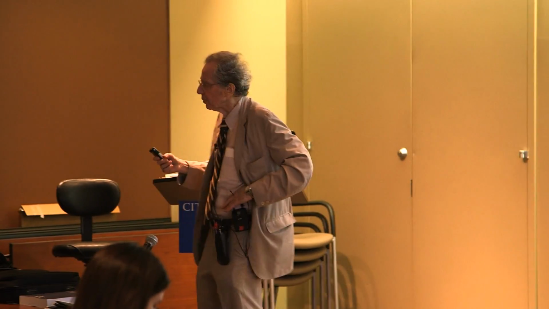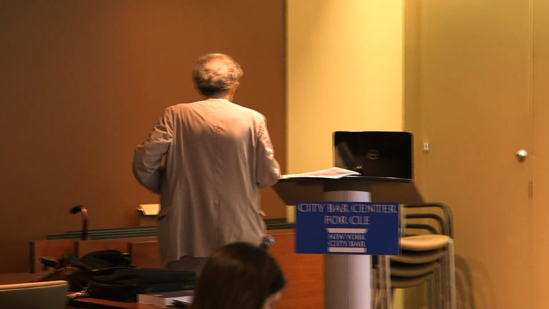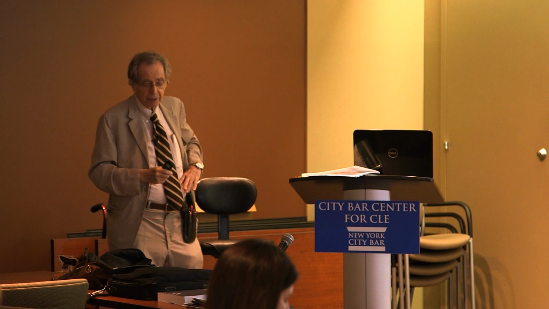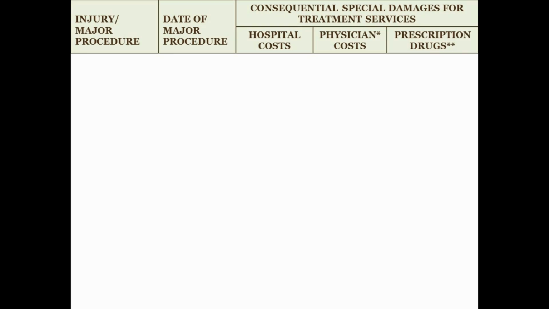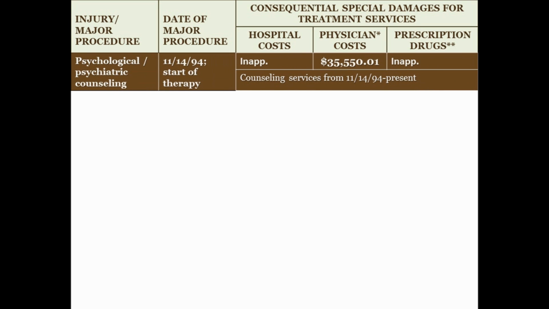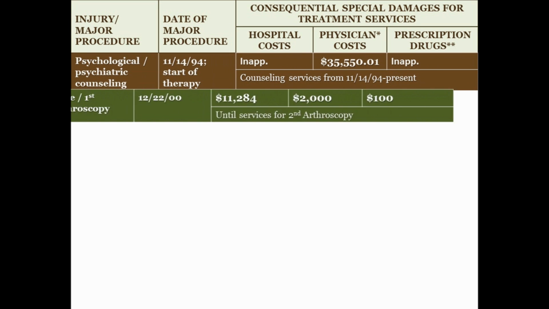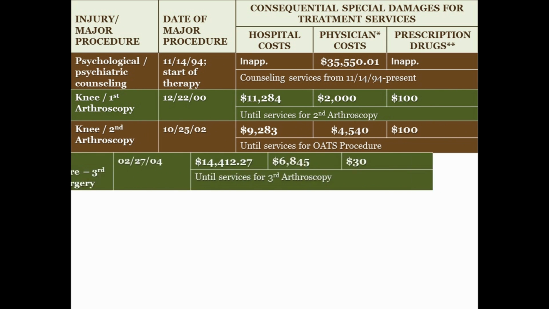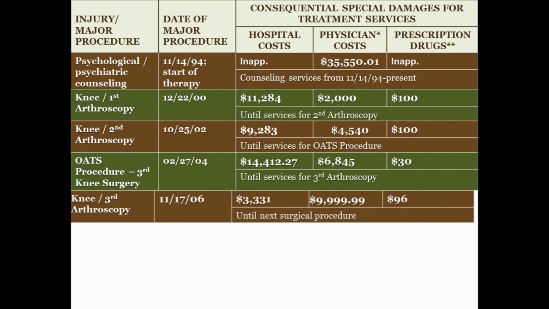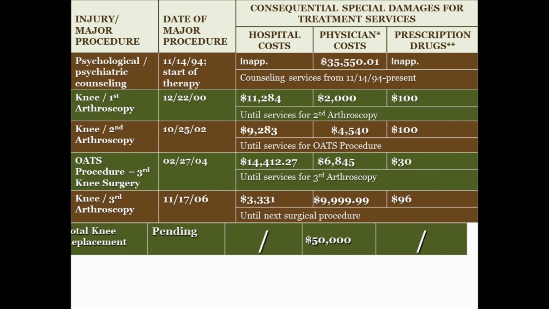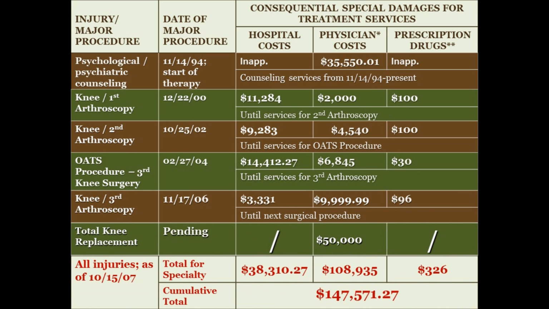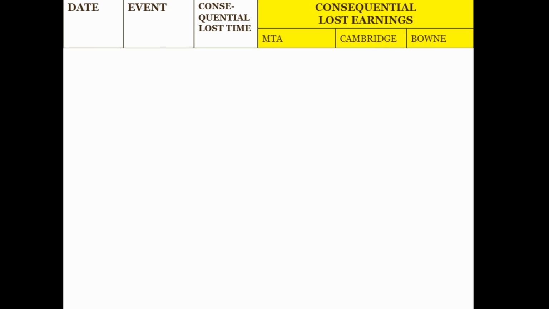So all I had to do was to signal my assistant to play the PowerPoint program again without having to add anything else. Go ahead. Good. And then I did the same thing for the lost earnings chart. Played it all over again for the jury right from the beginning.